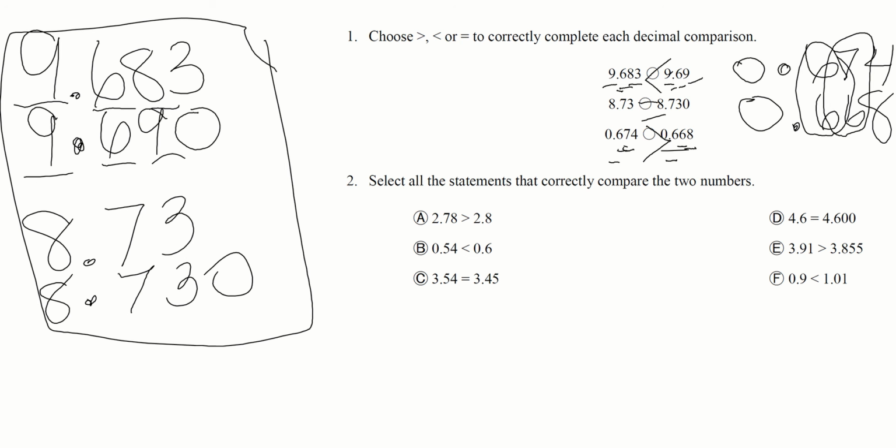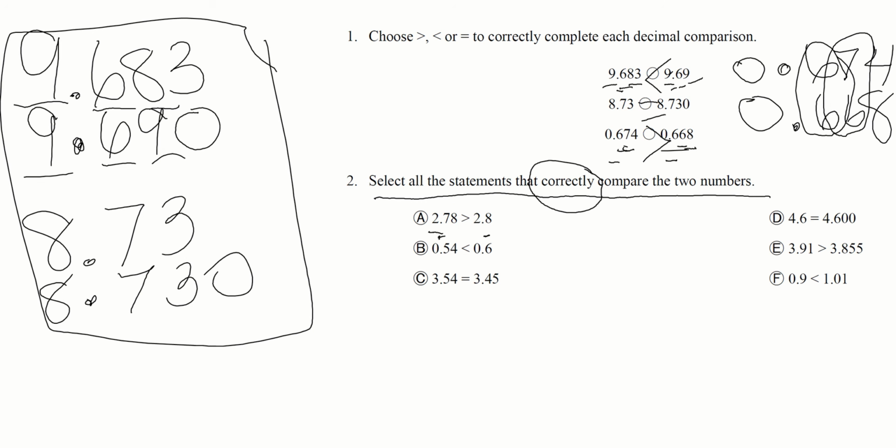Let's take a look at letter A. It says, select all the statements that correctly compare the two numbers. So I want the statements that are correct. 2 and 78 hundredths is greater than 2 and 8 tenths. I notice here's the decimal point here, and here's the decimal point here.